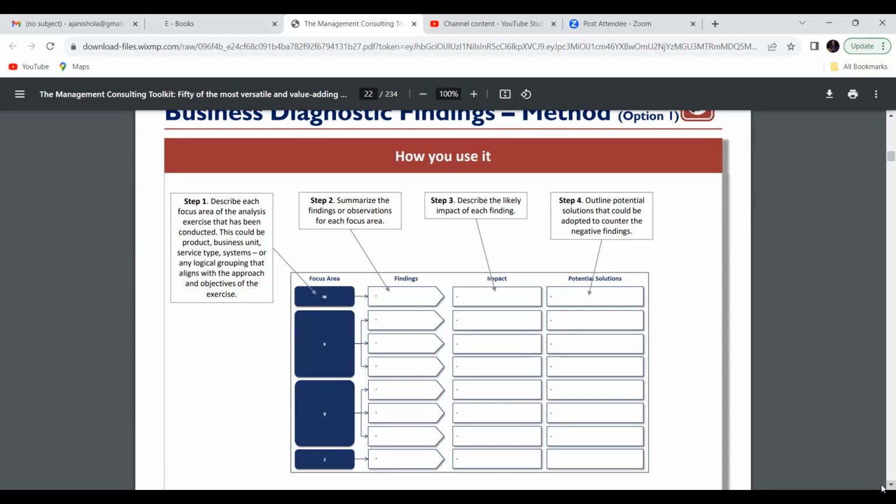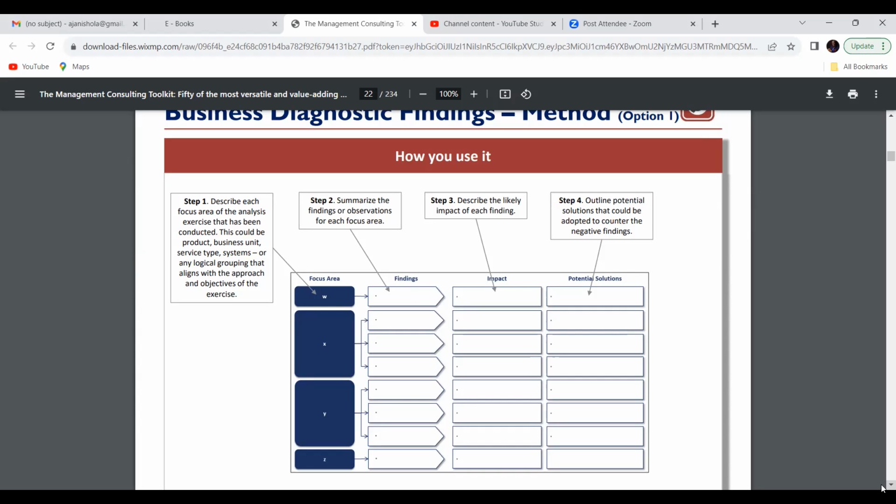So once you've deployed your tools within marketing, you now have your step 2, which is your findings. Within those findings, you are listing what the results are, based on each focus area. Your step 3 is to describe the likely impact of each finding. This is your impact analysis, the assessment of the findings on the business or on the department. And then your last column is outlining strategies, outlining solutions to counter the negative findings.